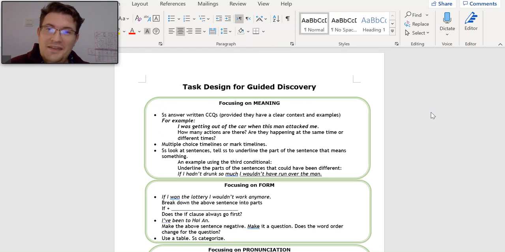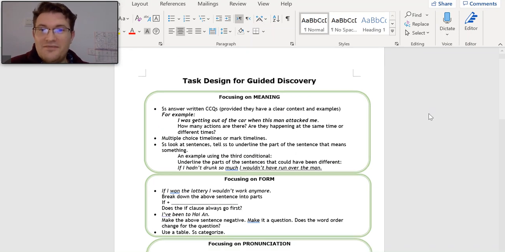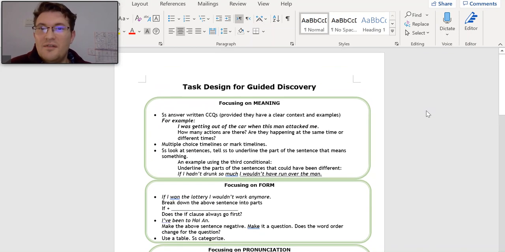So, some ideas for guided discovery task design. First of all, you make sure that the sentences you want to look at are tricky grammar, right? Something like some, any. What's the difference there? Articles. When do you use those?